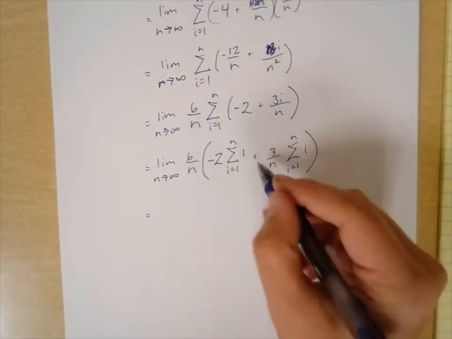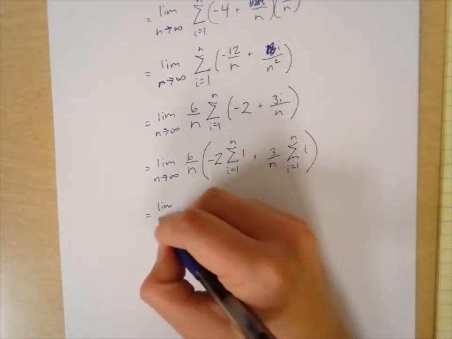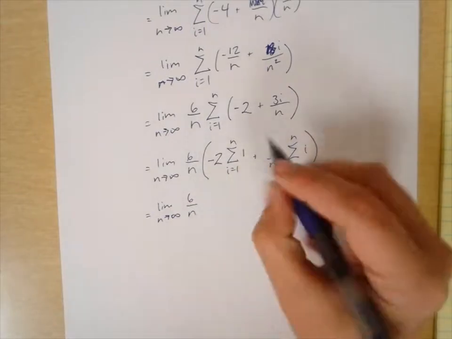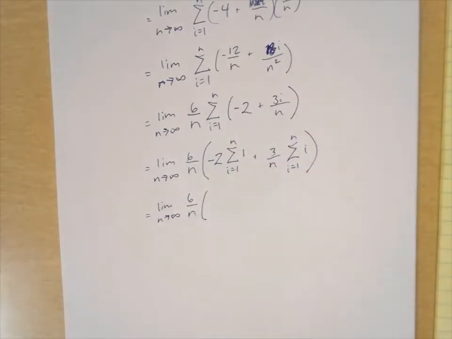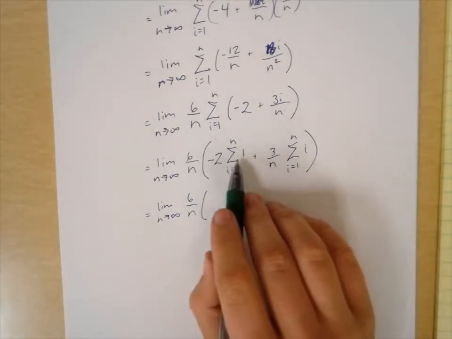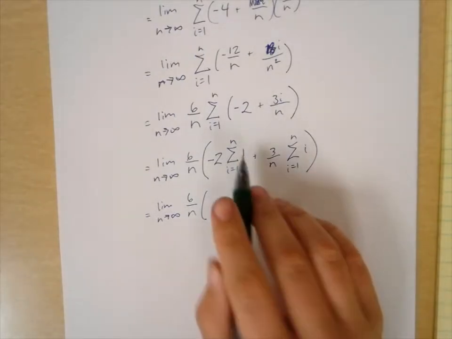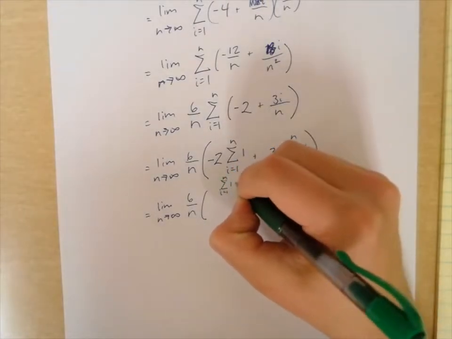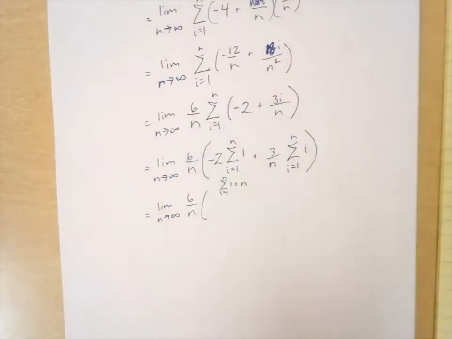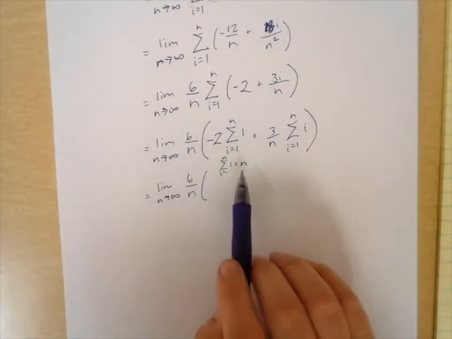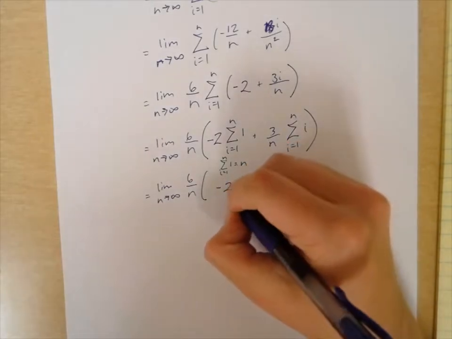And now what I'm going to do is I'm going to recall some things. And I'll show you what I mean. To simplify this piece right here, the summation of 1, remember the summation of 1 is just n. So what I really have going on here is negative 2 times n, or just negative 2n.